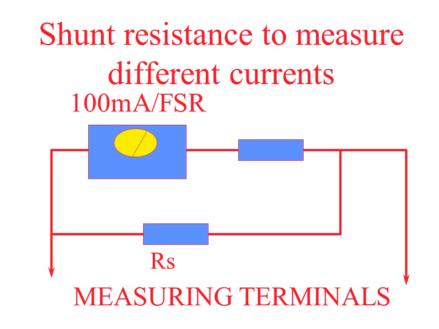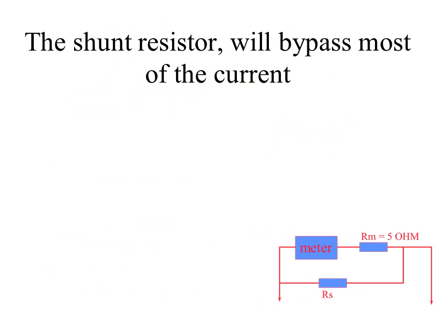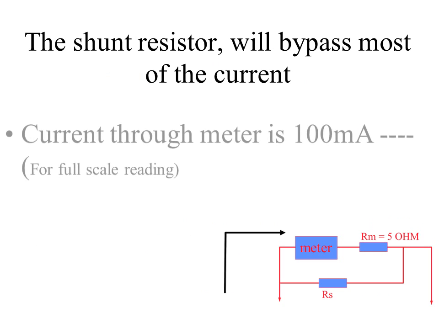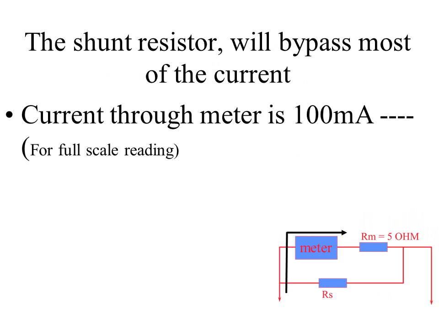Another factor we must remember is that the meter itself has an internal resistance called Rm. In this case, it is 5 ohms. The shunt resistor will bypass most of the current. Current through the meter is 100 milliamperes, that is for a full-scale reading.